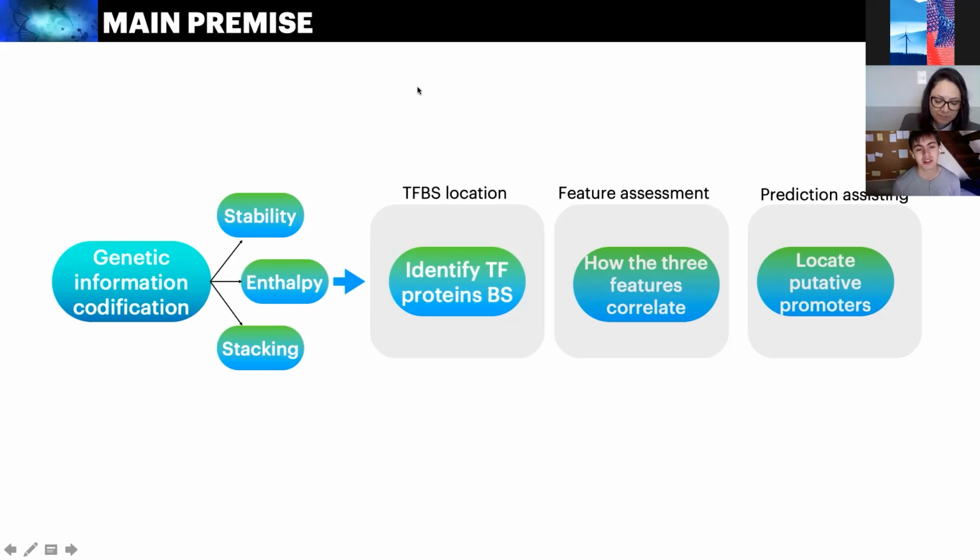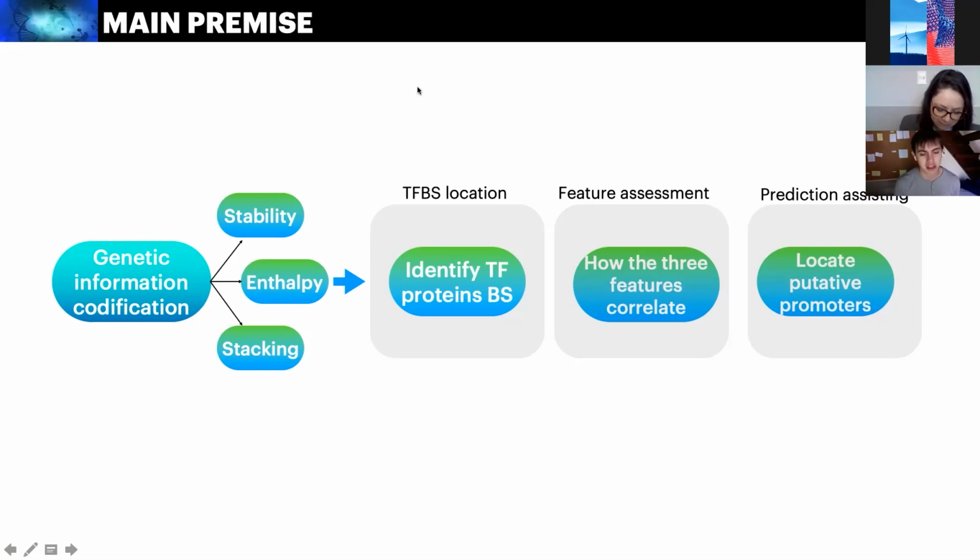We're going to explore these a little bit later, but for example, the levels of stability in a given DNA sequence tends to be different when we compare coding regions and other regulatory regions, such as the promoters. So it's by taking a look at this conservation that is found only in the promoters that we try to code it into numbers. The 3 features that we have selected to do so are stability.